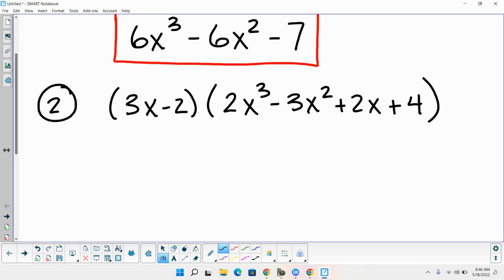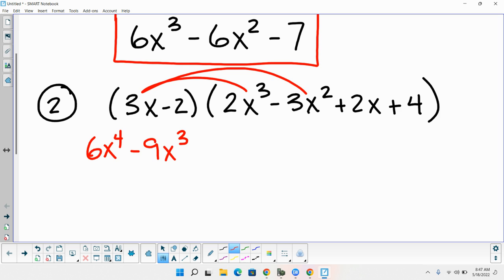All right, so I'm going to take the 3x times 2x cubed is 6x to the 4th, right? 3x times negative 3x squared is negative 9x cubed. 3x times 2x is 6x squared. And 3x times 4 is 12x.